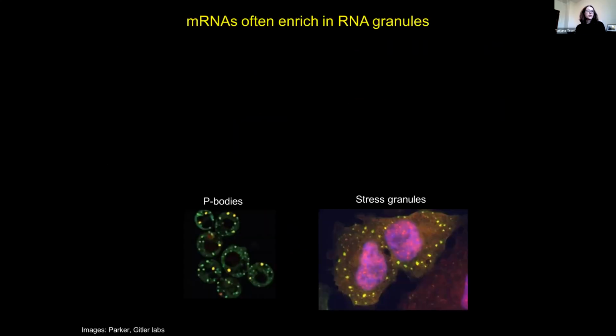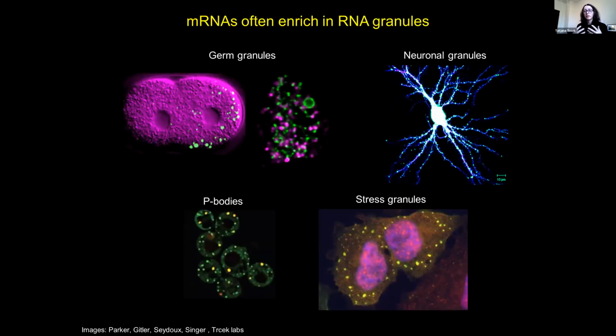My lab is interested in a particular type of spatial organization of mRNAs, and this is enrichment of RNAs in RNA granules, as you know very well. We know a diverse set of RNA granules, those that form in every cell type, such as processing bodies and stress granules. And there are those that are more special and form in particular types of cells, such as germ granules that form in germ cells, or neuronal granules that form in neurons.